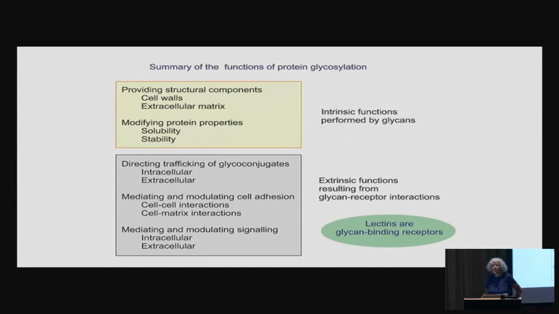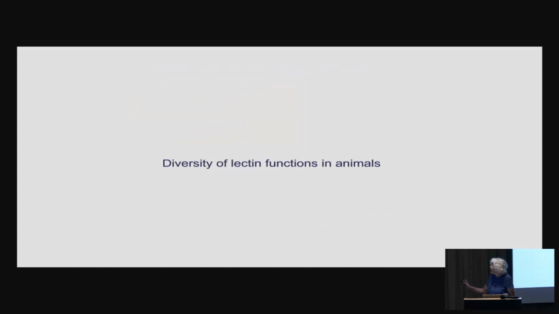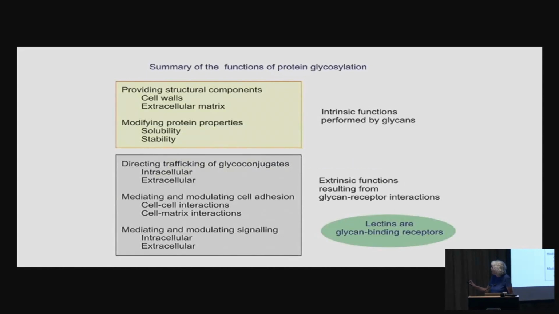To start off, I'd like to just think briefly about the functions of the glycans that are attached to proteins and glycolipids. So we know that glycans are structural components of cell walls and extracellular matrix, but they can also modify the proteins to which they're attached.